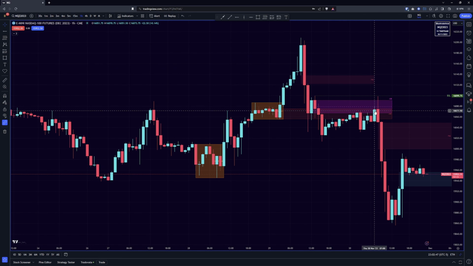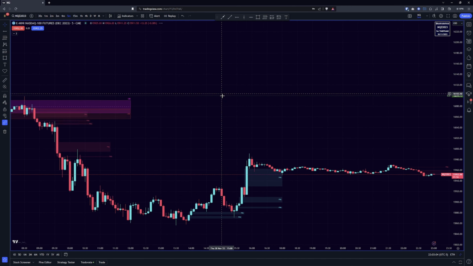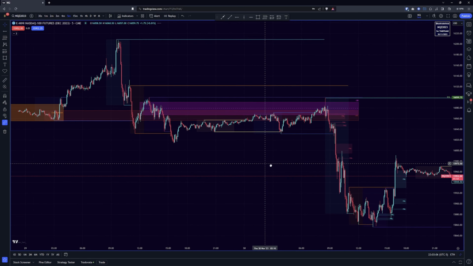Anyway, it doesn't really matter. There was news at 8:30. So seeing this structure, I mark out my areas on the 1 hour, just like this, order block, mitigation block. I don't usually put the consolidations, but then I'll drop down to the 5 minute, and we'll look at the actual entry on the 5 minute.